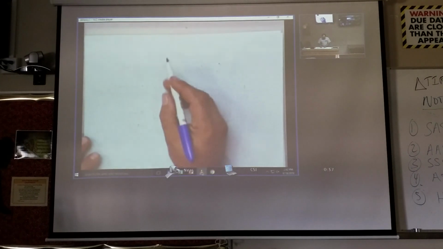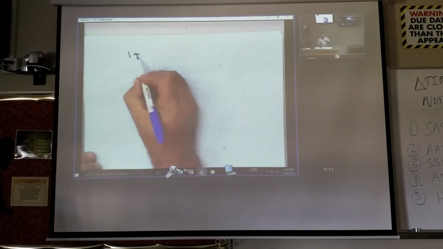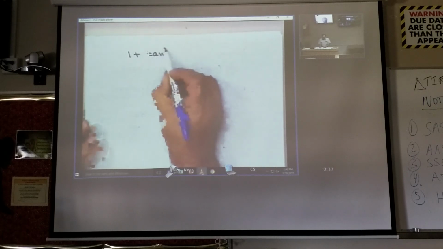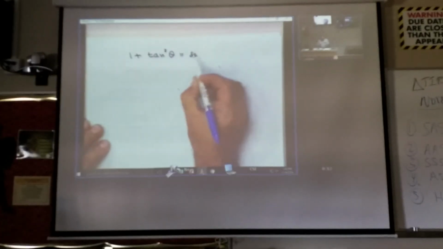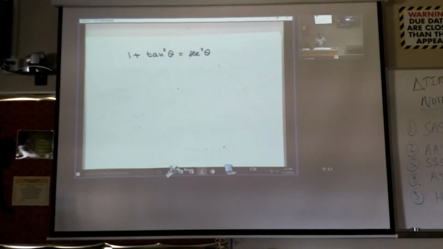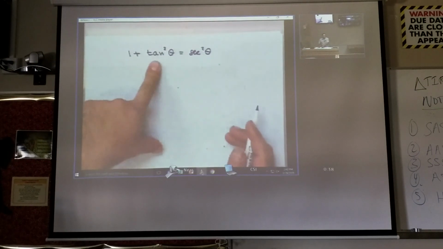So if you remember or look at the paper, it's written like this. So this is how the identity looks. Right? Okay? But you can see if you do secant squared minus 1, what do you get? Tangent squared.